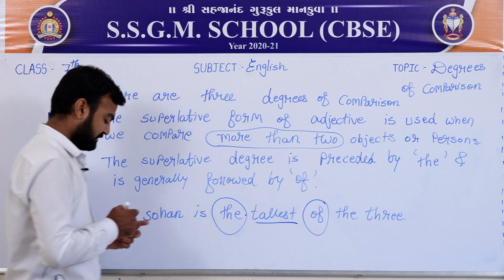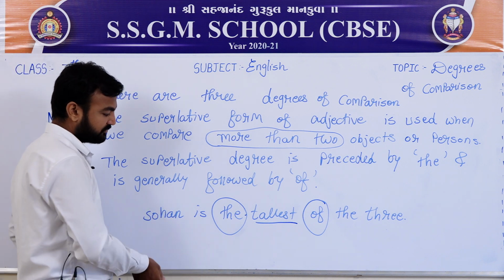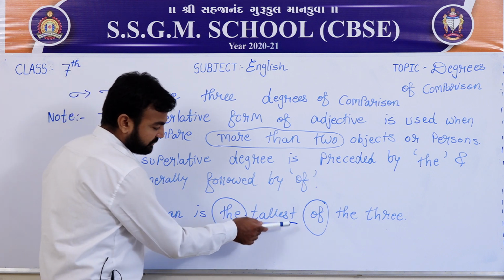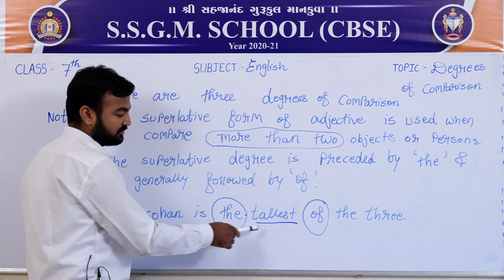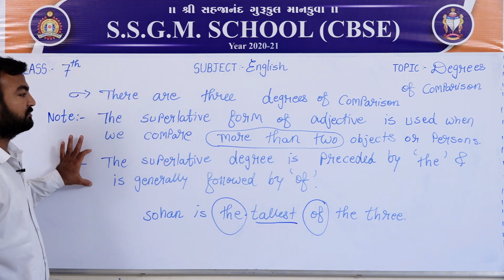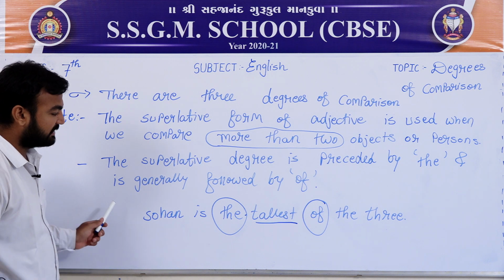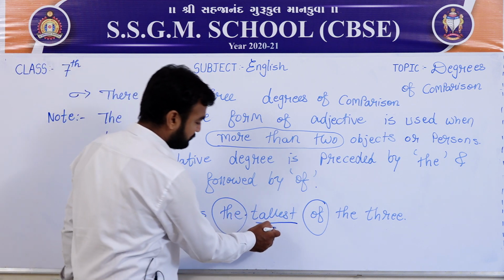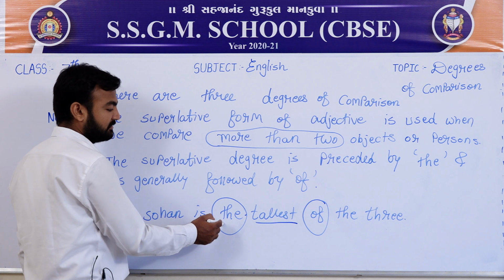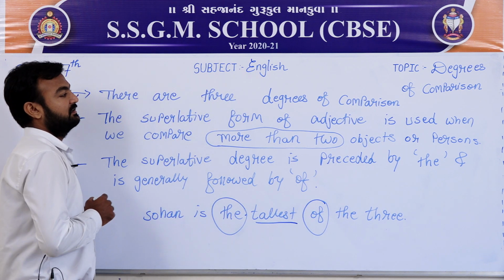Of. तो as and when we know that superlative degree जब उसके related कोई sentence होगा, at that point of time superlative degree के पहले the लगेगा और उसके बाद में of लगेगा. वैसा यहाँ पर नोट में आपको लिखवाया और समझाया गया है. So for that I explain this example. We use superlative degree preceded by the and it is followed by of in the given sentences.